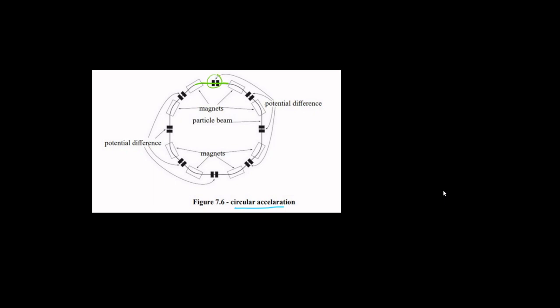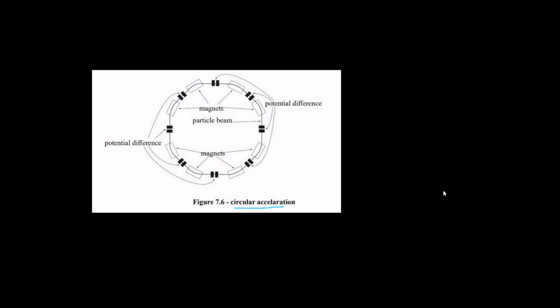So we know when there's a potential difference, the particle will get accelerated. Now the difference between the linear accelerator and the circular accelerator is this path. How can we achieve this path? This path is achieved using magnets. So how can we use magnets to achieve this?